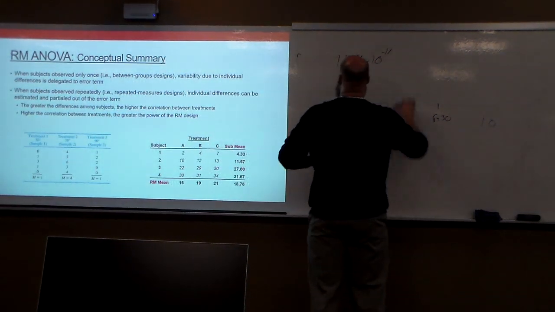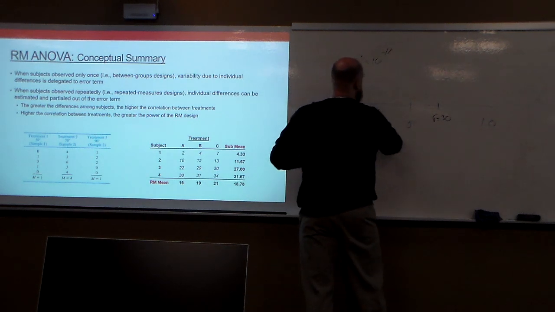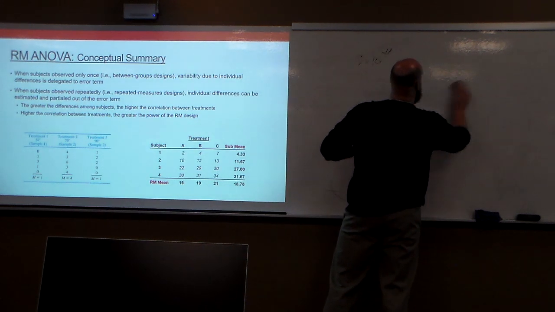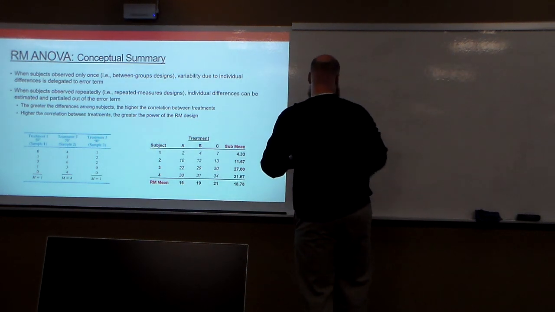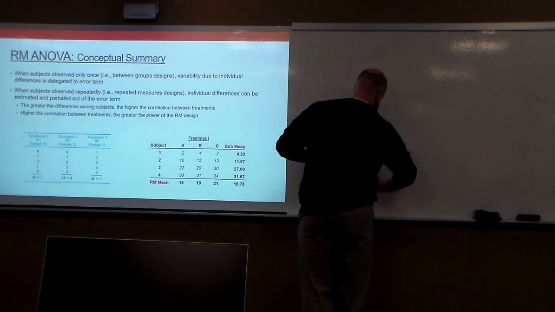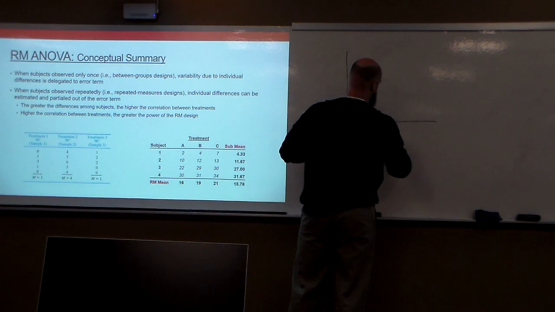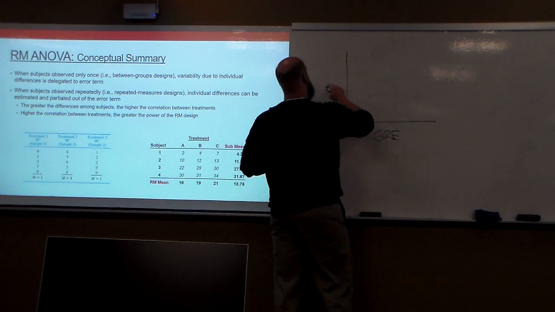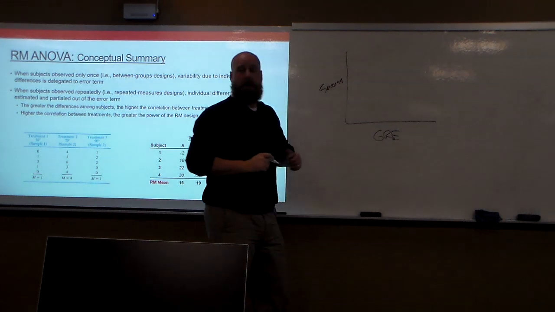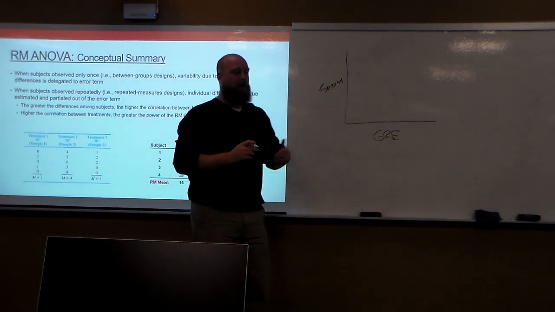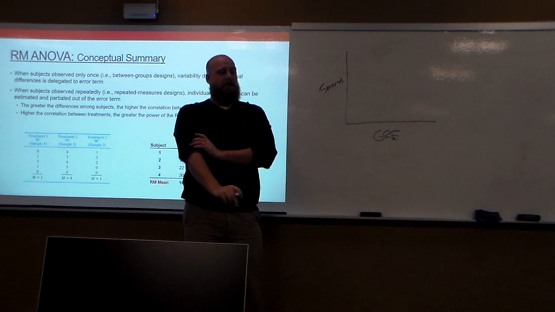You're getting there. Let's say this is a good example. Think about our GRE scores associated with success in graduate school, right? And let's say we have some objective measure of success in graduate school.